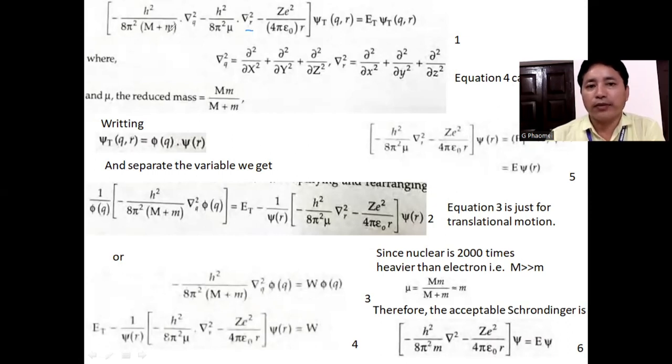Now psi will be in two parts, as given here. One is psi as a function of q, that means capital X, capital Y, capital Z, and the other is psi as a function of r, that means a function of small x, small y, and small z.